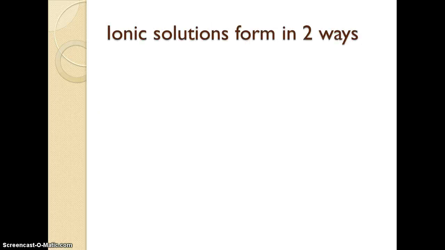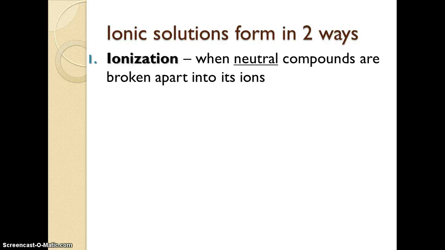If we want ions to form, we're going to try and do it in two different ways. These two ways are very, very similar to each other. Both of them involve breaking down a compound. The only difference is when we have ionization, our key word here, neutral compounds. So we have a neutral compound that's broken down into its ions.